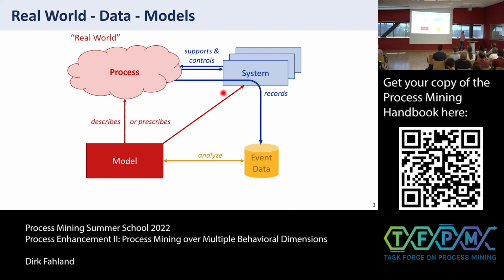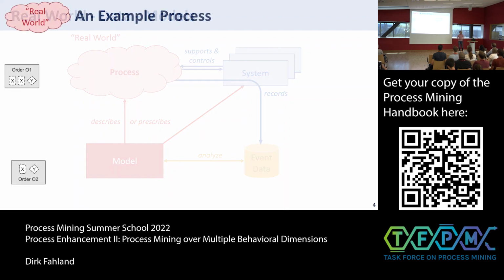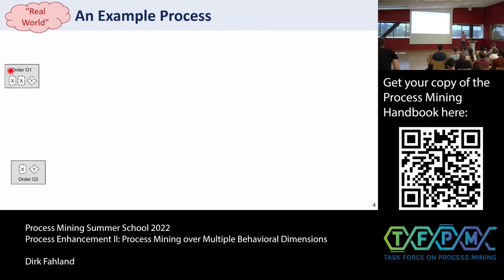So let's look at one real world process. We're a retailer who's taking in 2 orders. They come from the same customer shortly after each other, so it's a bit constructed, but it's going to illustrate a couple of things. The first order, the customer orders 2 products X and 1 product Y. And then half a day later, you realize, you know what, I actually need 1 more X and 1 more Y. So 2 orders.